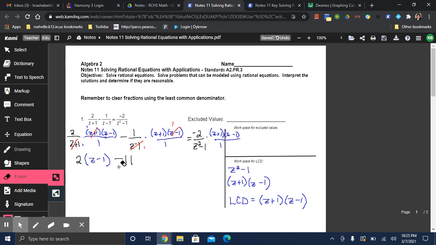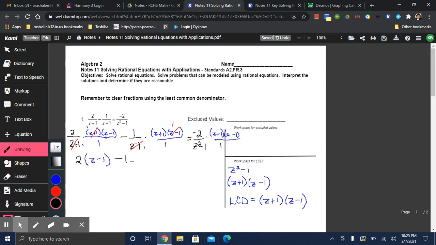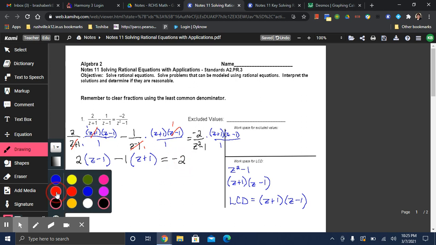And that minus 1 will multiply by the remaining z plus 1. And then we have your equals, negative 2. Now, the z squared minus 1 is the same as z plus 1, z minus 1. So all of that cancels, and we only have the negative 2.